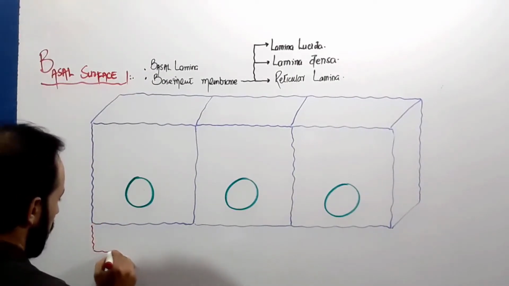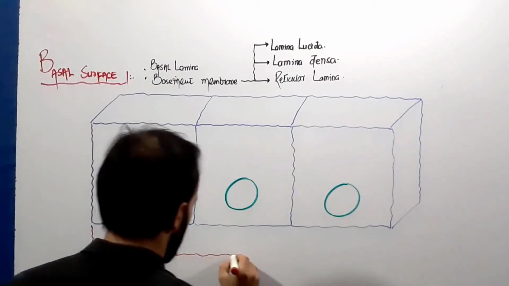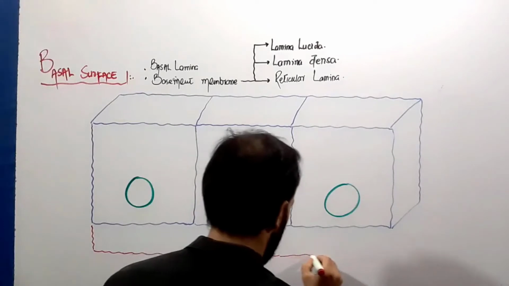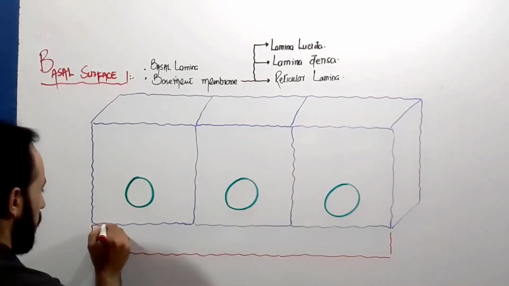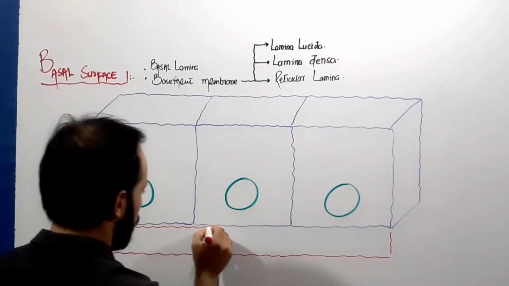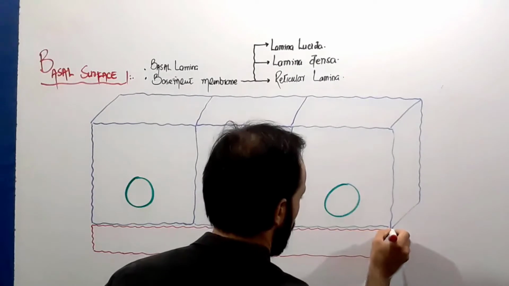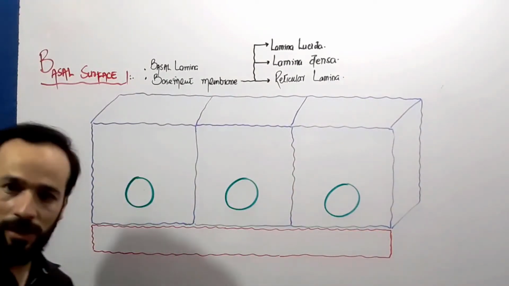The first layer is called the lamina lucida. I am dividing it for clear understanding. In this lamina lucida, what is the composition?